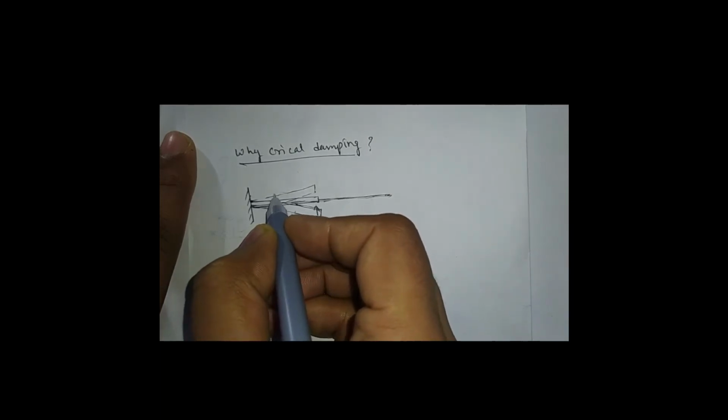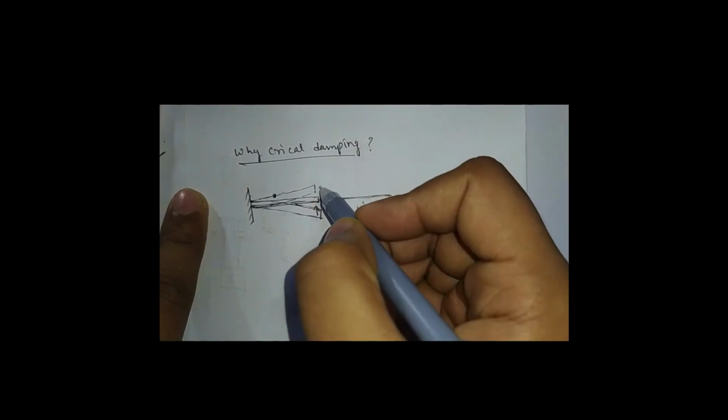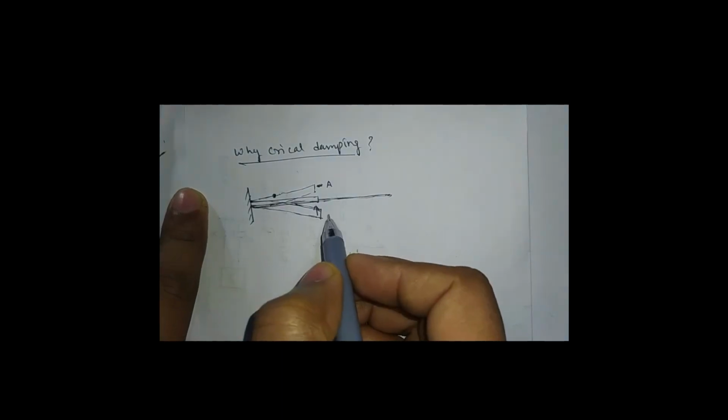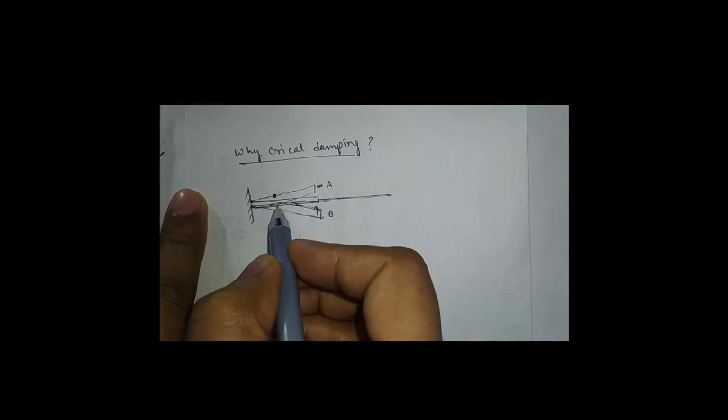So at any point, for example this point on the upper fiber of the beam, it will be under compression when the beam is upside at this position A. Now if the beam is downside, in this deflected position, then the same point will be under tension.